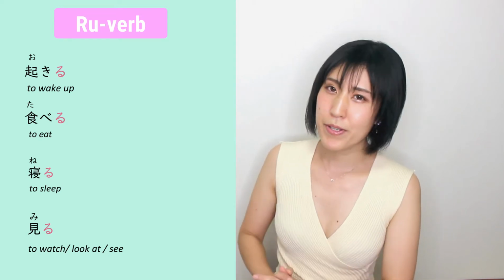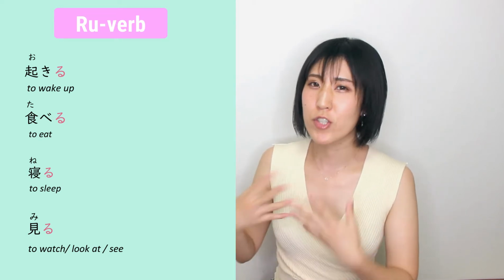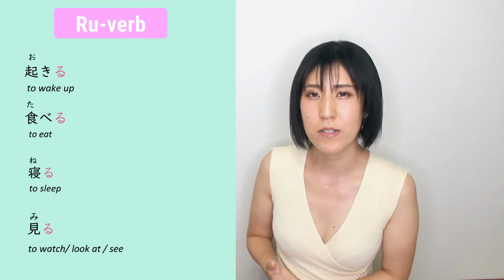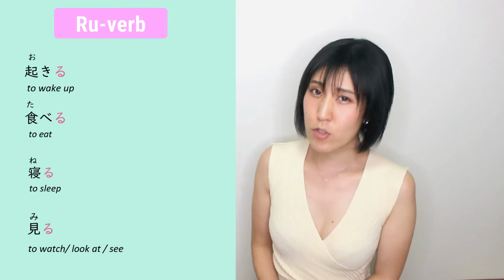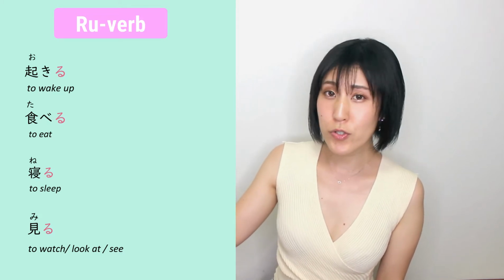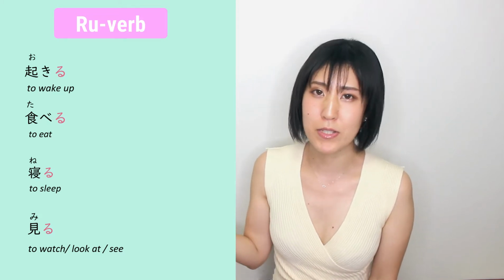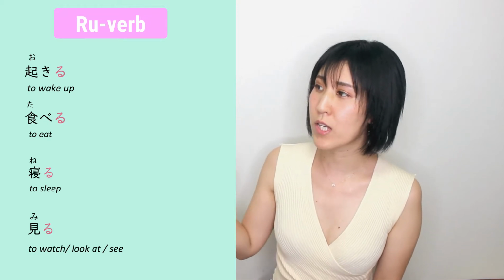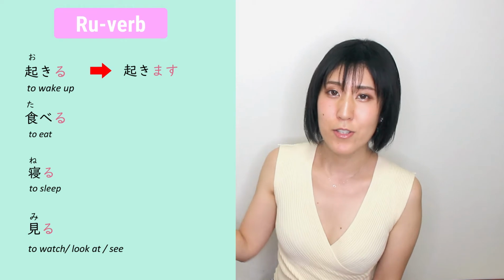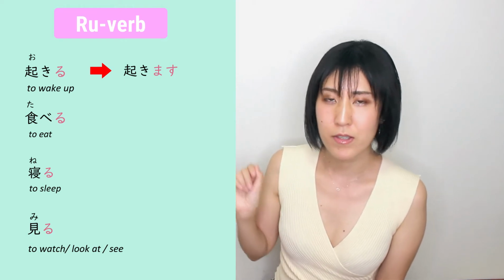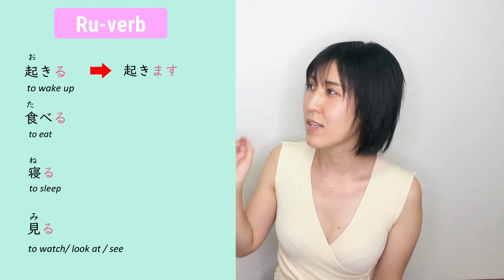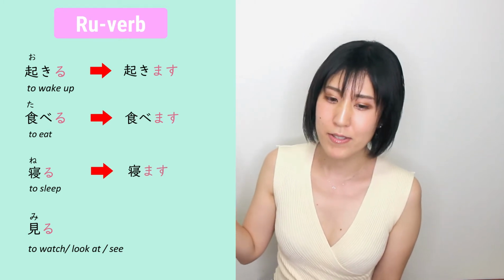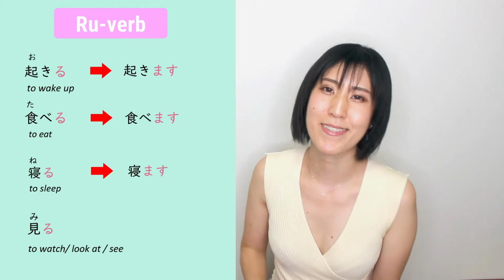When you conjugate these verbs to masu form, which is very polite, you can just drop the last letter ru and then add masu at the end. So it becomes 起きます. You drop ru. 起きます. 食べます. 寝ます. 見ます.